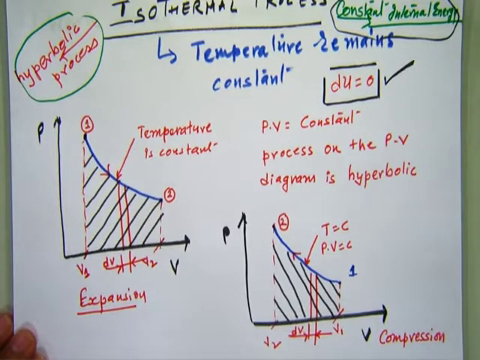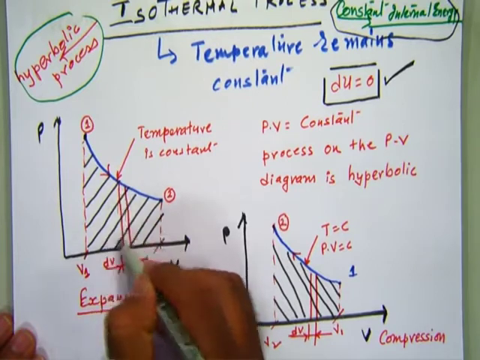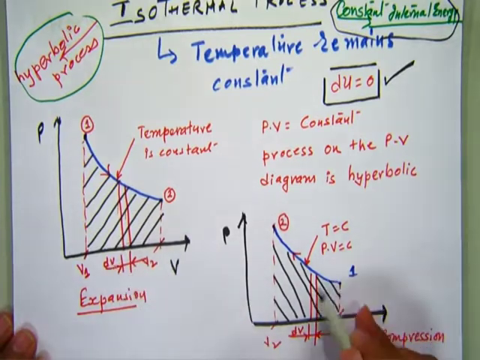This is the small strip, a very small portion of this entire area, or you can say this length is dV.